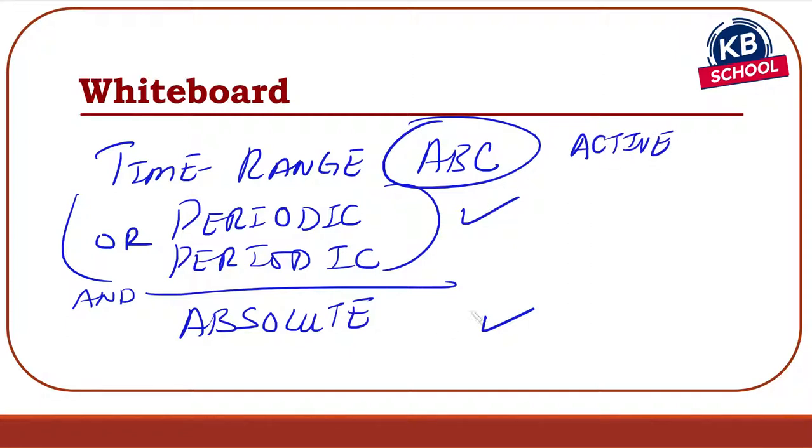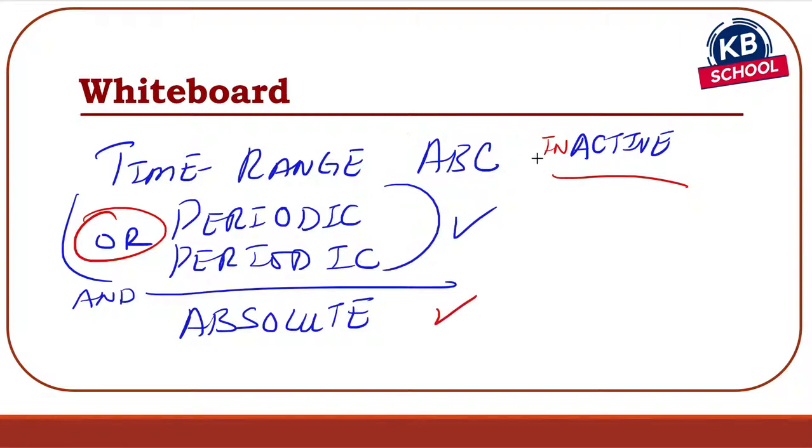If, let's say, absolute is true, but none of the periodics are true, it becomes inactive. Or for that matter, let's say the periodics are true, but the absolute has not started yet. Guess what? Because it's an and operation, it's again going to be inactive. So for the time range to be active, because it's an or operation between the two periodics, either one of the periodics has to be up and the absolute has to be up. If those conditions are met, then it is an active time range.